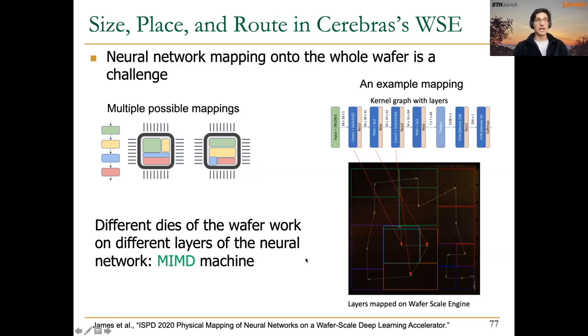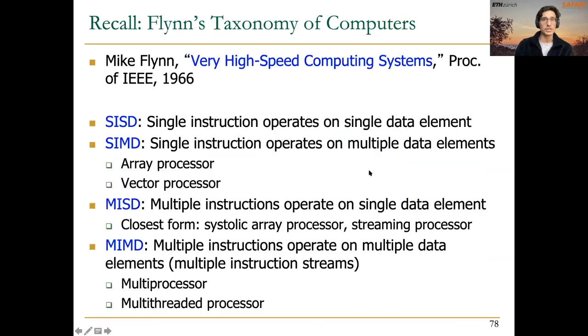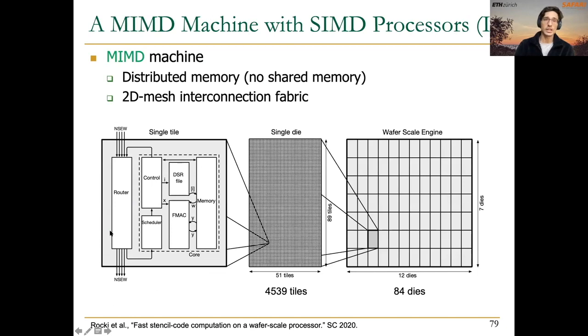But at the same time, and as we are going to see in a couple of slides, internally each of these is a SIMD engine, and this takes us back to Flynn's taxonomy of computers, where we remember we have SIMD and also MIMD processors. So in the end, this Cerebras wafer scale engine is kind of a MIMD machine that is composed of SIMD processors.